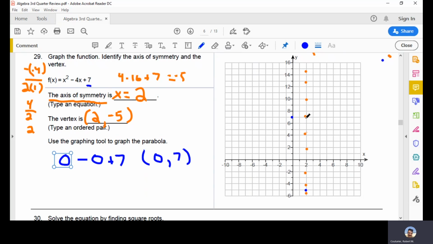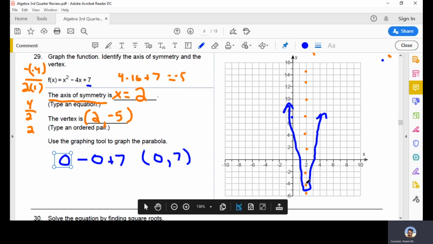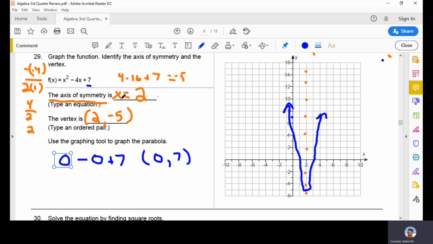And now we're going to reflect it back over that axis of symmetry. 1, 2. And so this, I'm going to try to do my best with a mouse. Not so great, but your Math Excel will do it great. U-shaped graph. Yeah, it looks really U-shaped, but it is what it is. Right? Not so bad. We find the axis of symmetry, we plug it in to get the y-coordinate of the vertex, and then we pick one more point. You choose it, so pick wisely. Pick easy numbers to plug in.